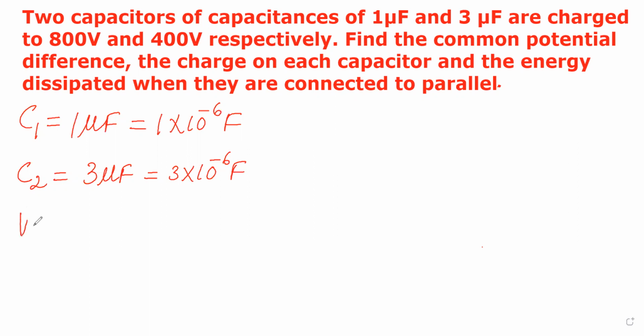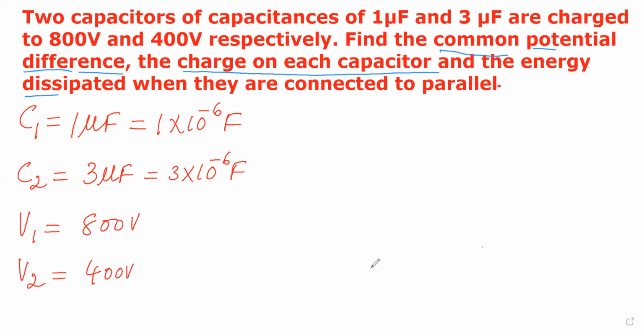The potentials are V1 equals 800 volts and V2 equals 400 volts. We have to find the common potential difference, then the charge on each capacitor, then the energy dissipated or lost.